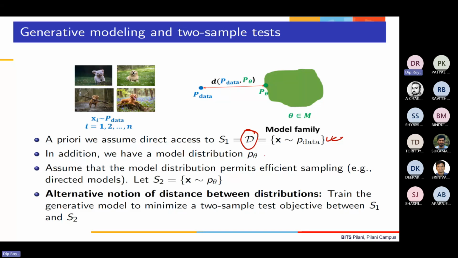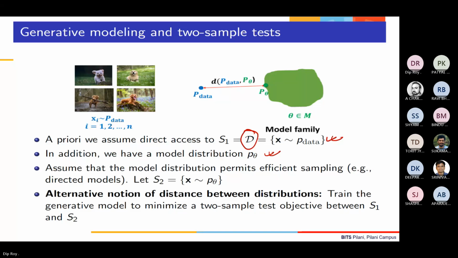Then you have some model, and that model is such that it permits efficient sampling, so you can sample from that model as well. So now you have two sets of samples. One is available as your training data, coming directly from your true data distribution, and the other is coming from your model distribution, provided that your model distribution allows efficient sampling, which we'll ensure during the design.